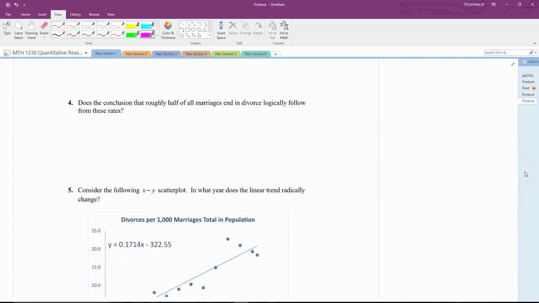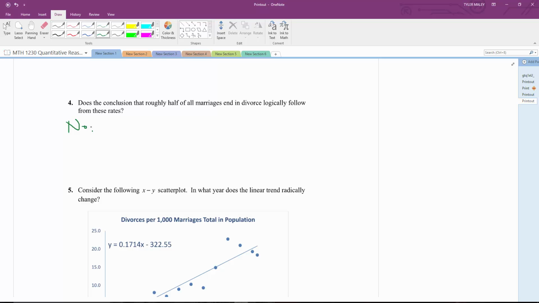Then 4 says, does the conclusion that roughly half of all marriages end in divorce logically follow these rates? So here we would say no. That conclusion doesn't really make sense, because in order for it to make sense, we need to track that.